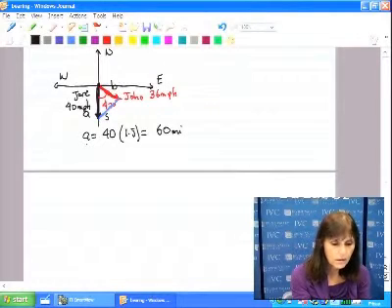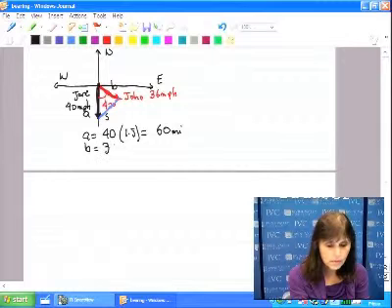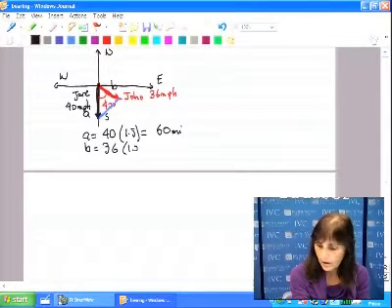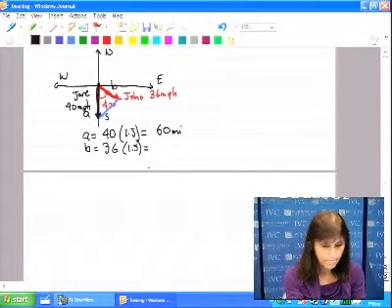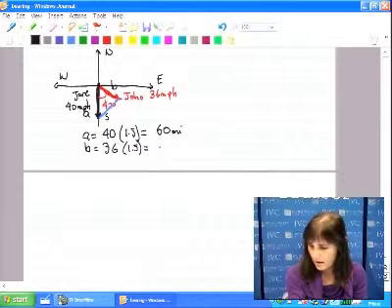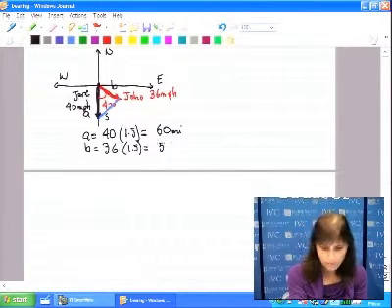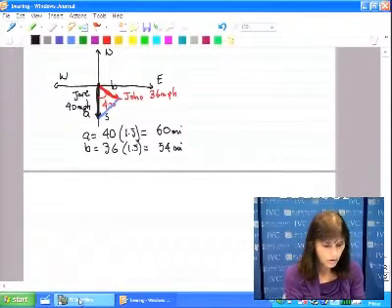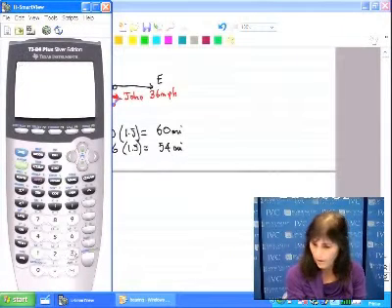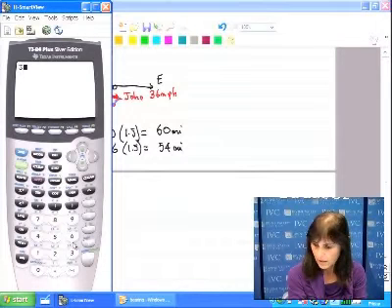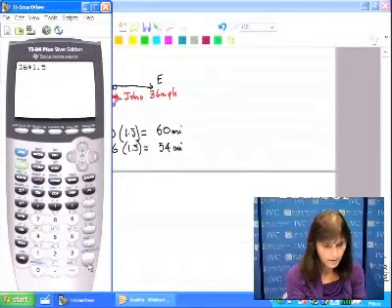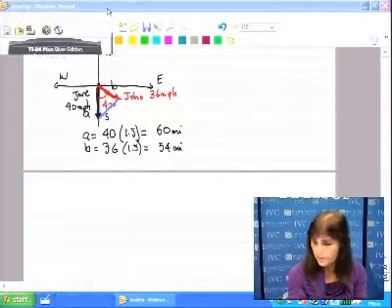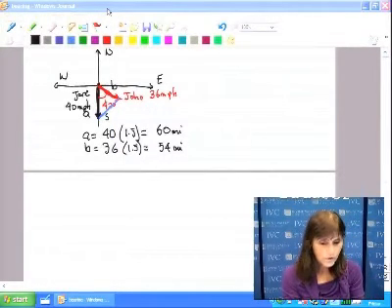John, let's call it B. He was going 36 miles per hour. He also traveled 1.5 hours. How much is that? 36 times 1.5 is 54, very nice. So it's 54 miles.